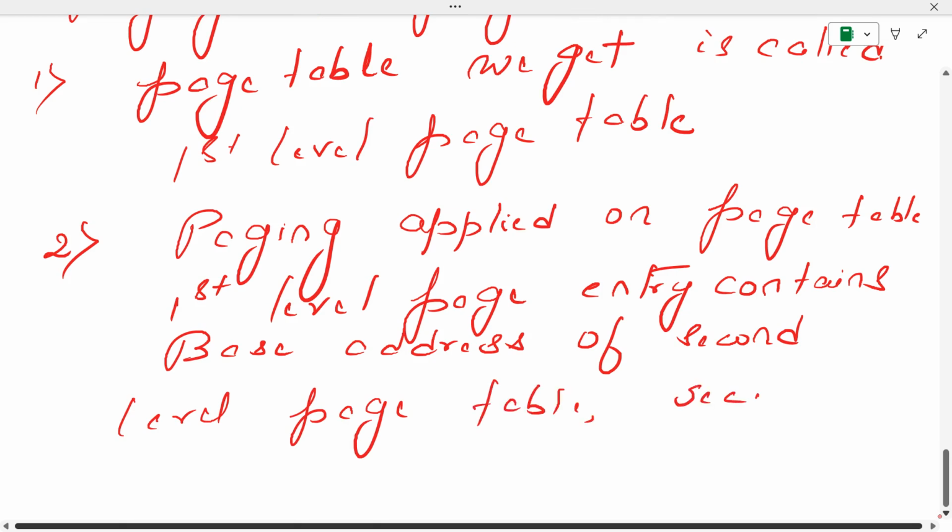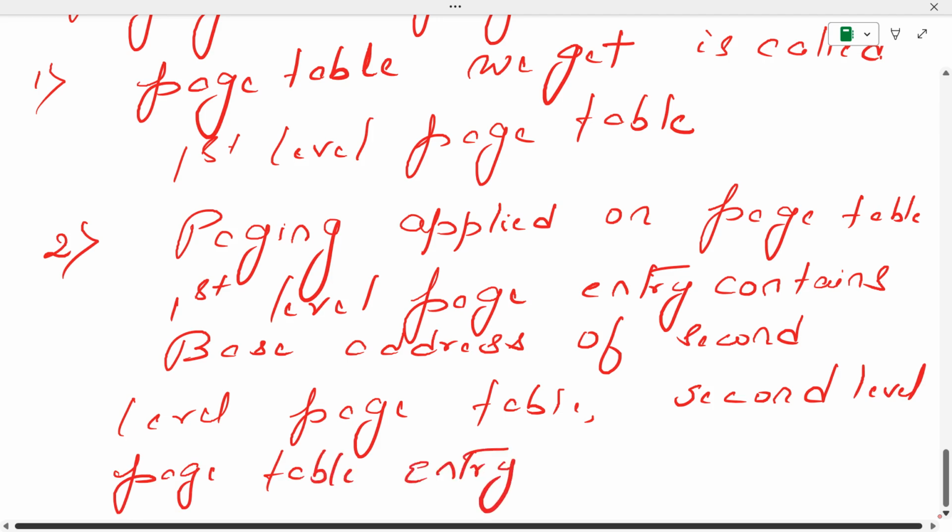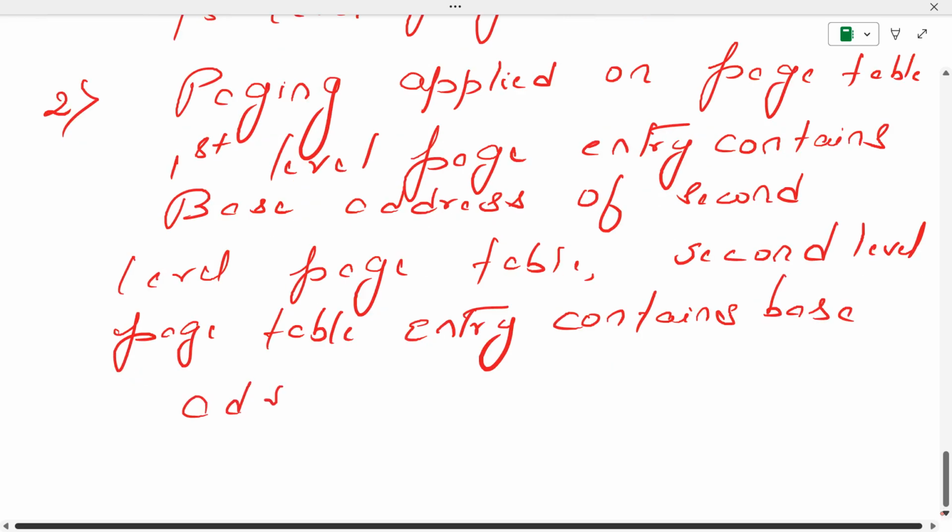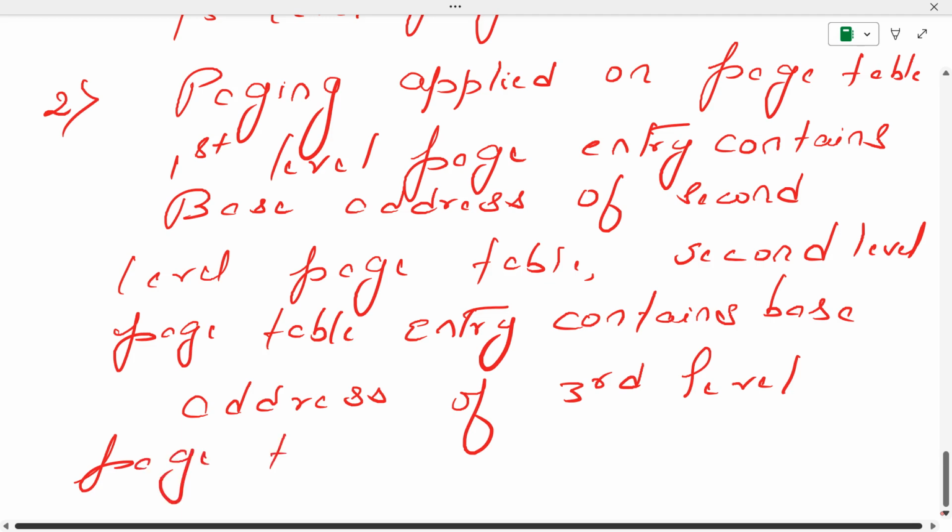The second level page table entry contains the base address of the third level page table, and so on.